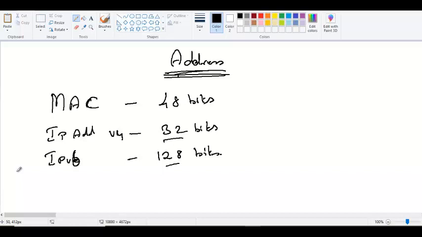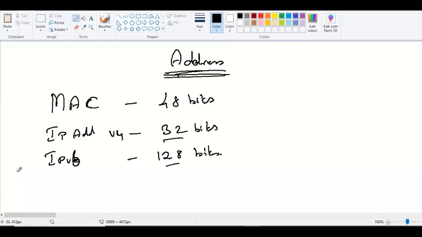IPv6 is already there. End users will be moved to IPv6 seamlessly, and when you try to troubleshoot something, you will end up seeing an IPv6 address in your computer. I have seen in many companies both IPv6 and IPv4 already present.